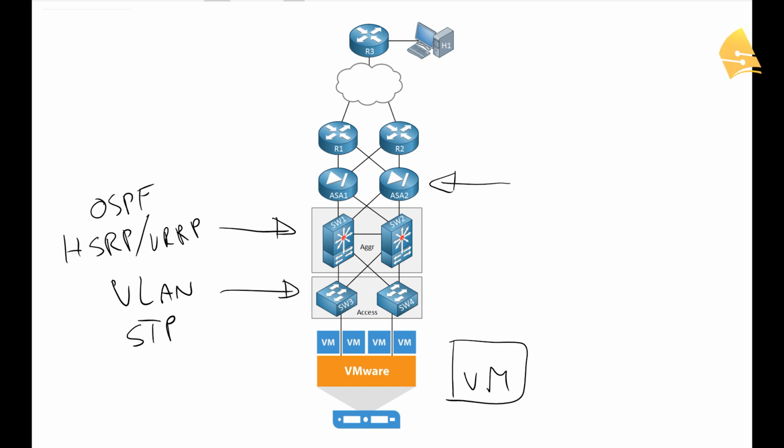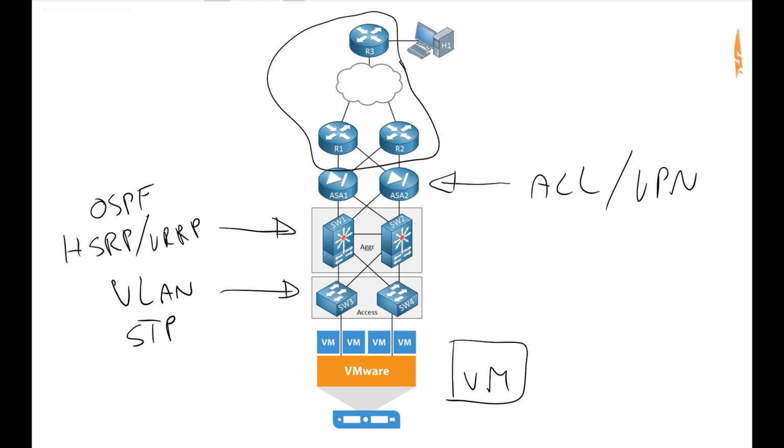On our firewalls, you might have to create some new statements in the access list. Maybe the VPN server. And we also have these routers over here. You might have to advertise the new subnet, so maybe you have to configure BGP or something.